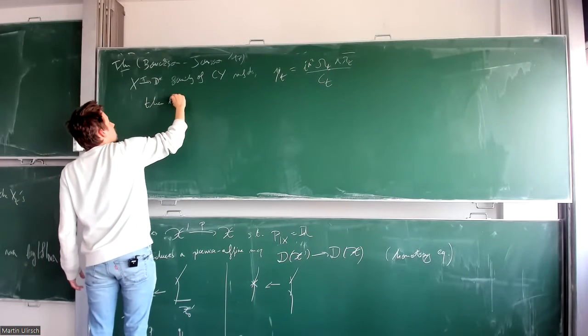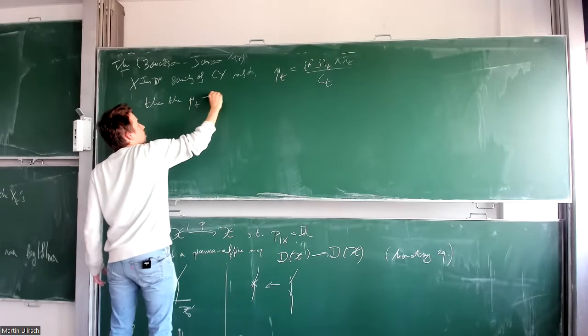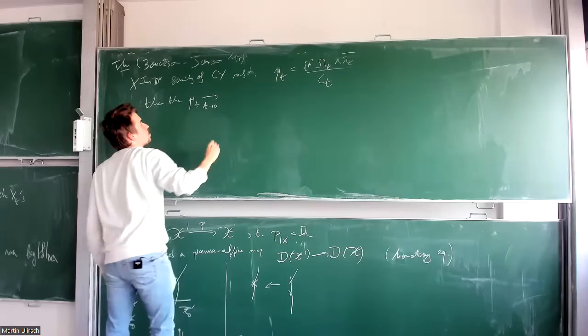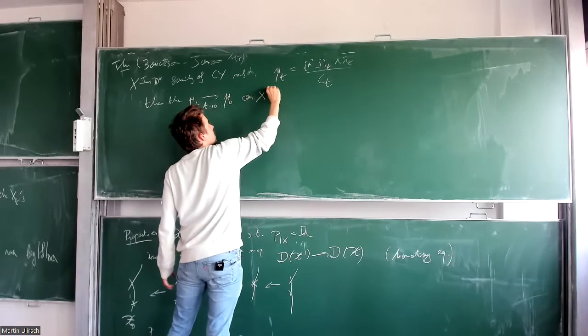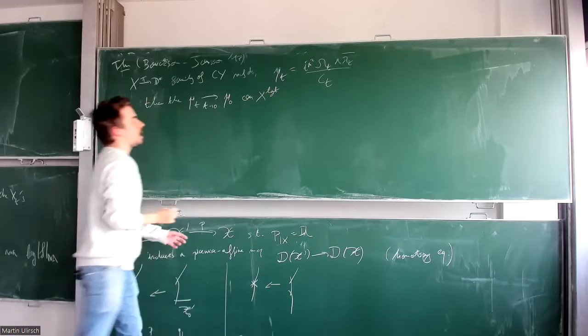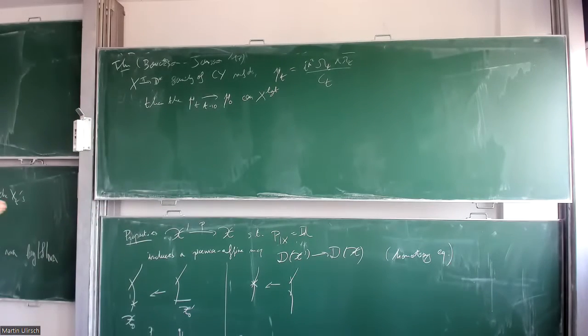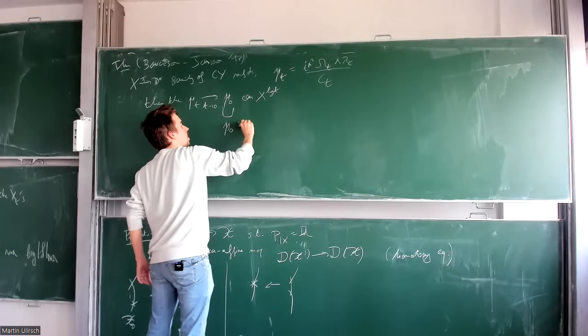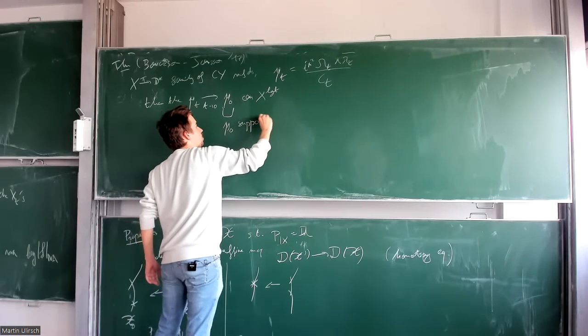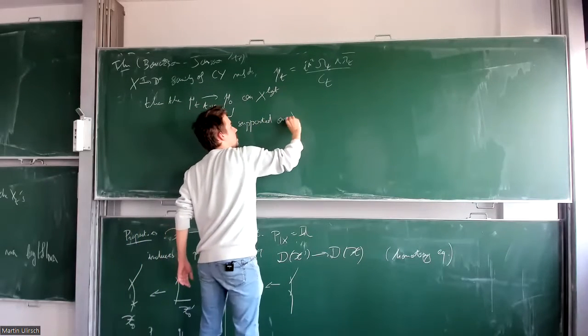Then the mu t converge weakly when t goes to 0 on this hybrid space. So this is a family of measures on the hybrid space, and when t goes to 0, they converge to a measure mu 0. So this is supported on the fiber over 0, which is this Berkovich space.